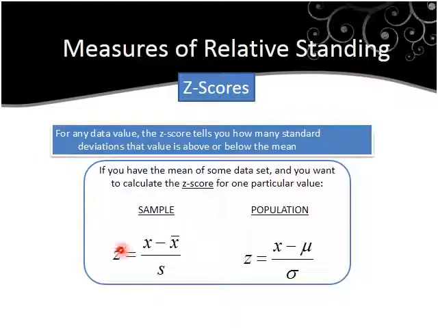This resulting z-score will tell us how many standard deviations our data point is above or below the mean. For a population, it's the same formula. We just, of course, use the population symbols.